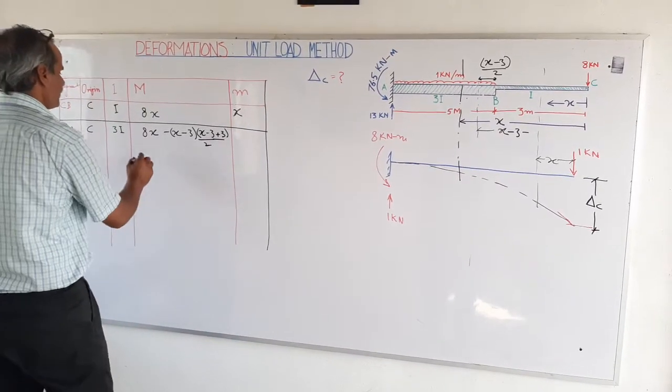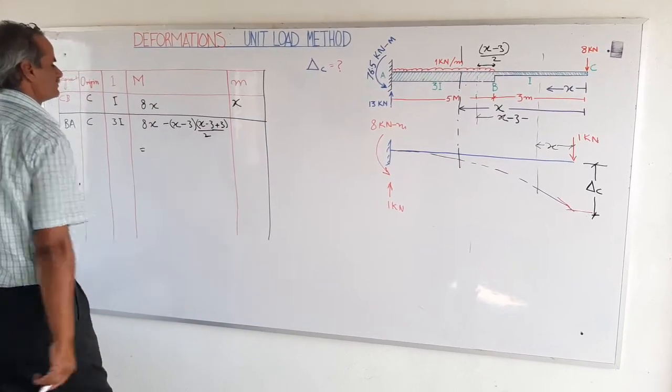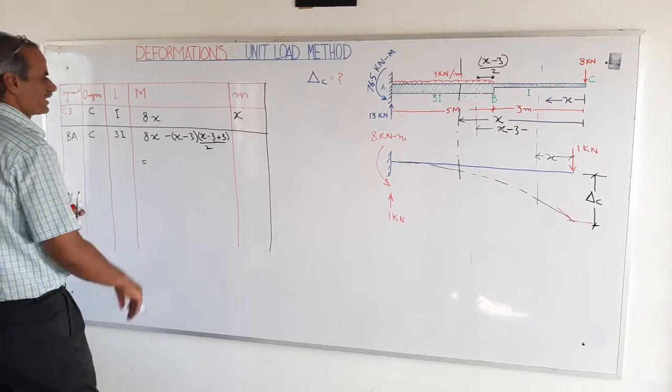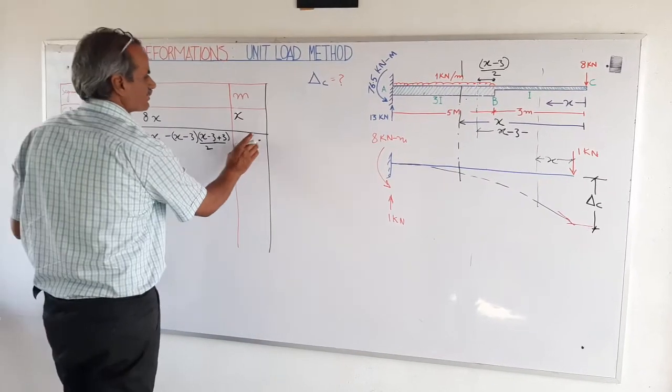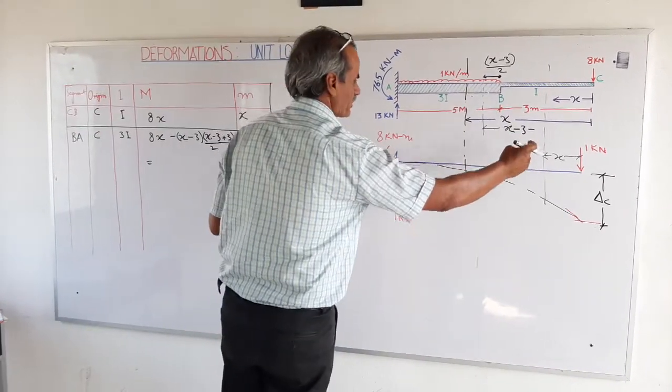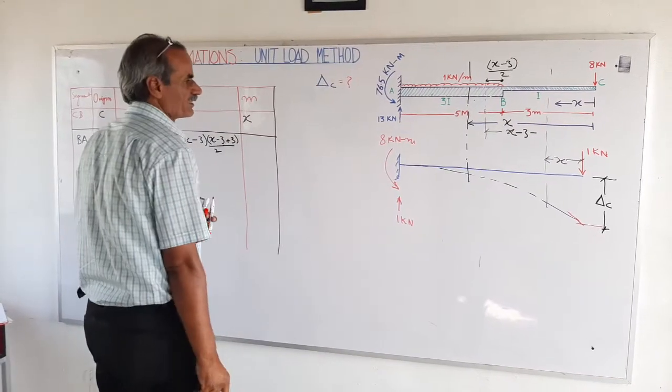Now while simplifying this equation, whatever we get, then for the other portion, that is 1 kilonewton acting over here.